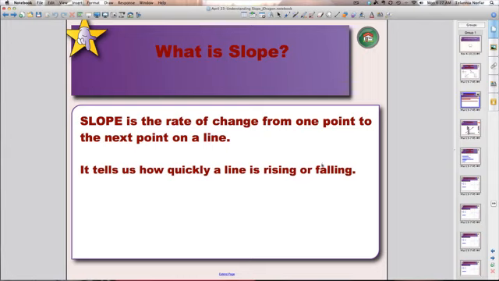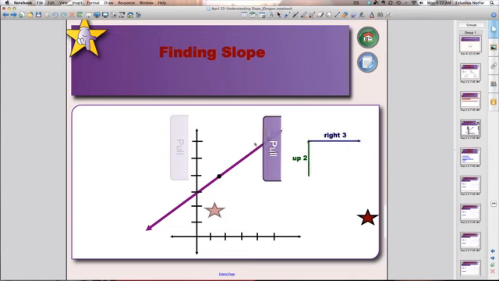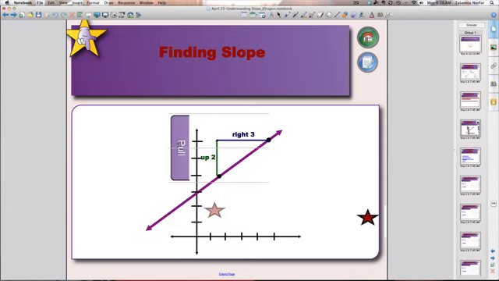Let's keep going. So what is a slope? It is a rate of exchange from one point to the next point on a line. It tells us how quickly a line is rising or falling. So, again, how do we find slope? Well, you can go to the notebook file and pull till you reach here to actually figure out how to calculate slope.